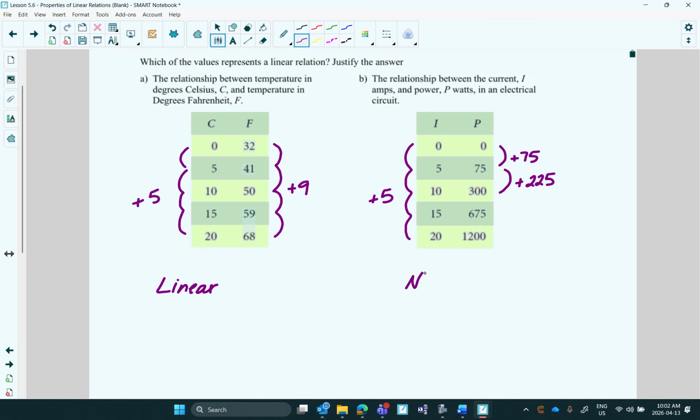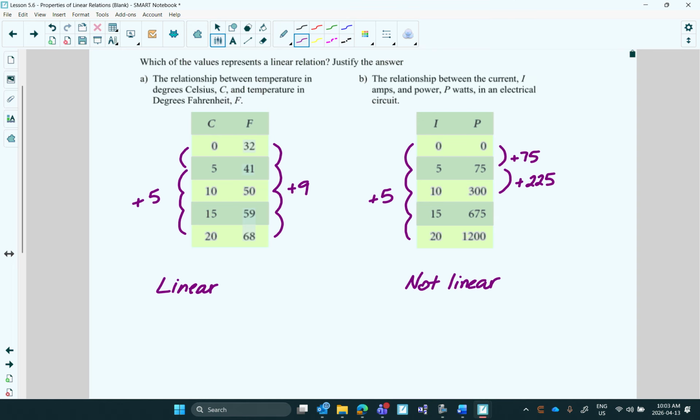So you don't even have to check the rest. You know that it's not linear. As soon as it stops going up or down by the same amount, you stop and say not linear. Okay? So there's an example of a couple of tables, seeing whether they're linear or not.